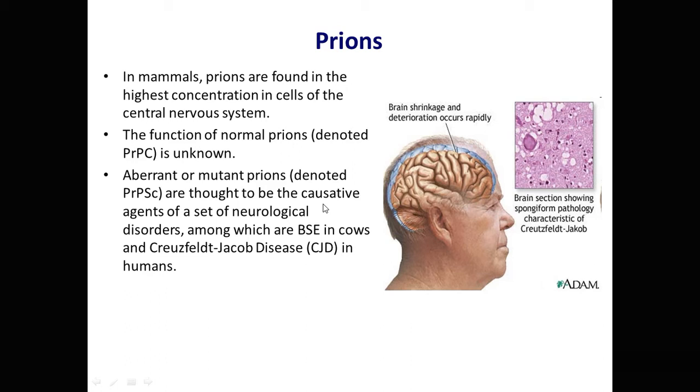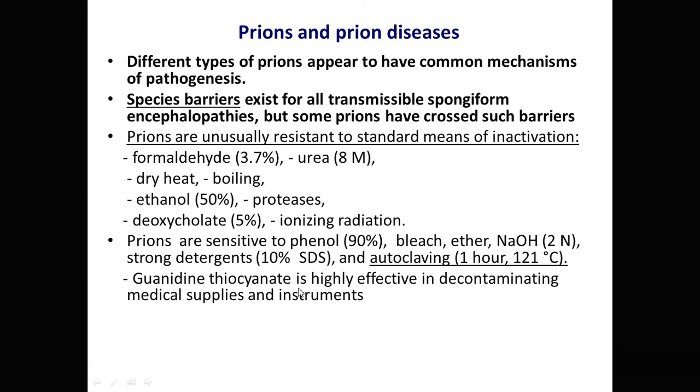Here we have an example of Creutzfeldt-Jakob disease pathology in a brain section. We see these holes, we see amyloid plaques, and you see that the brain shrinks, so becomes smaller in size.